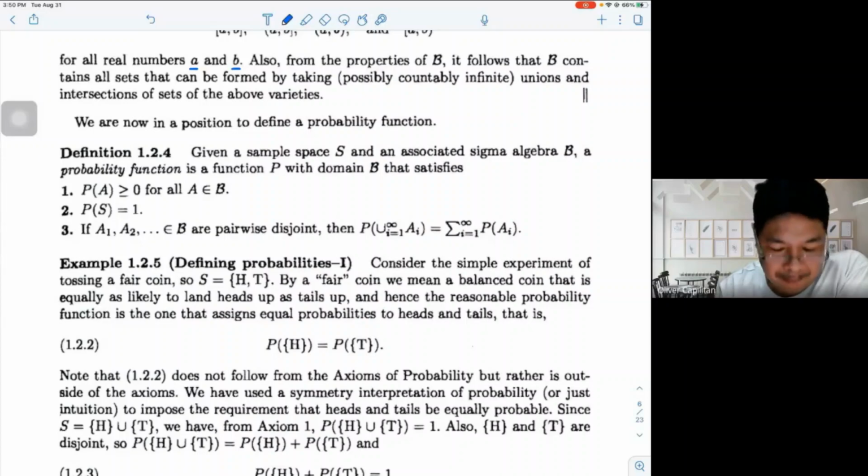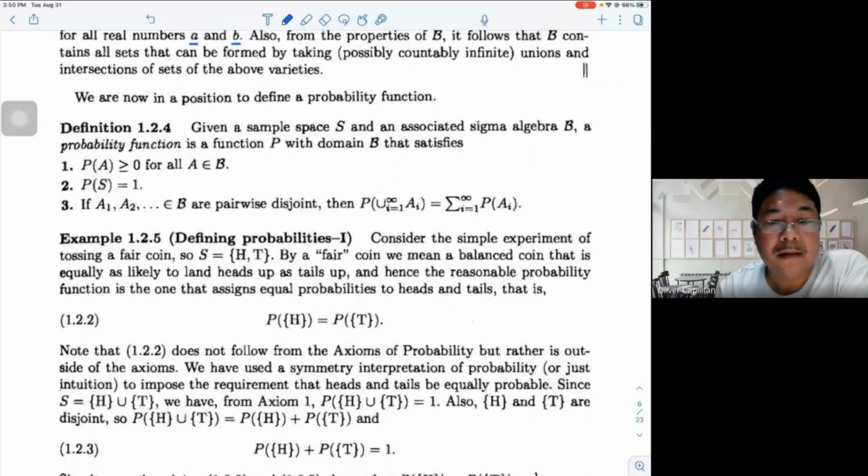And then the third property: if we have a collection of infinite events A sub 1, A sub 2, and so on, that are elements of script B and are pairwise disjoint, in other words this collection is mutually exclusive, then the probability of the countable union of A sub i from 1 to infinity is equal to the countable summation of the probability of A sub i from 1 up to infinity.